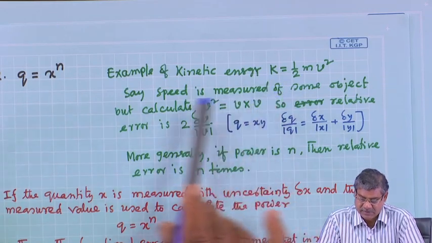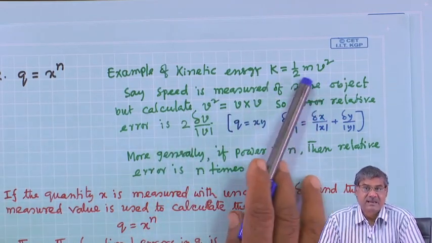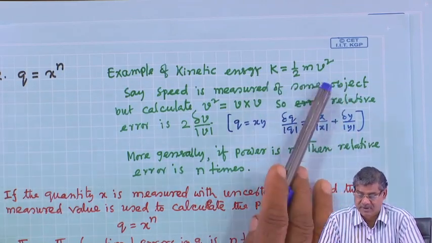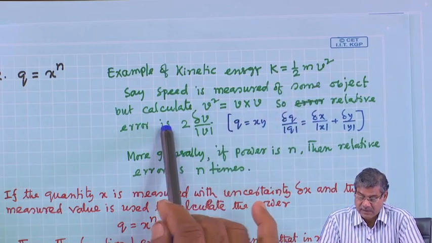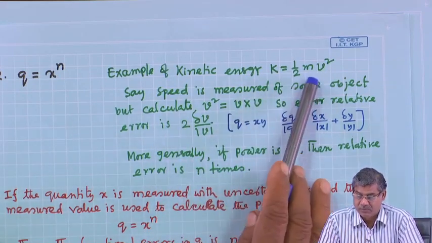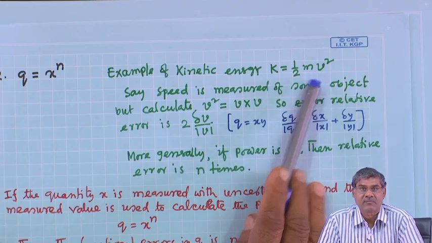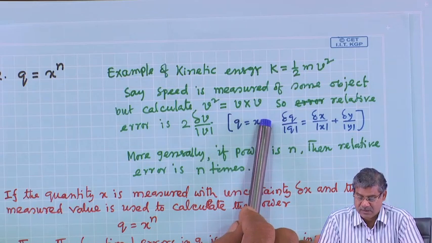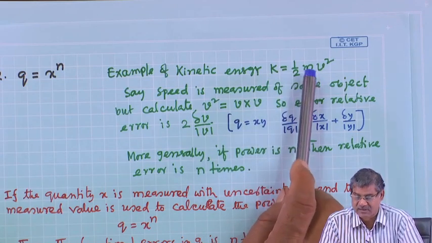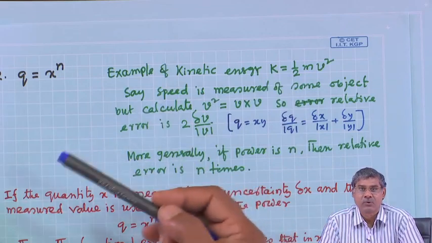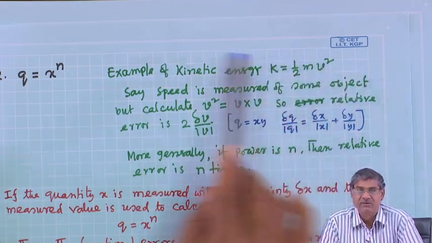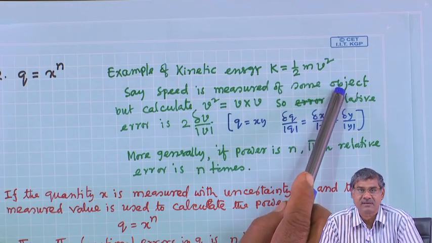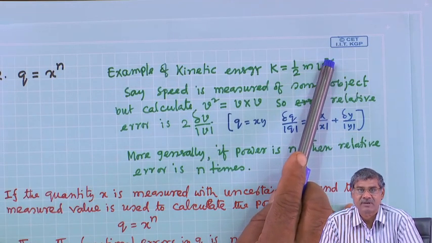Here our measured quantity is v, and then we have to calculate v square. So, v square is nothing but v into v. Forget half m right now because they are constants and we already know how a constant multiplies, but now there is the square of it. We are measuring v, but in the relation v square is there.